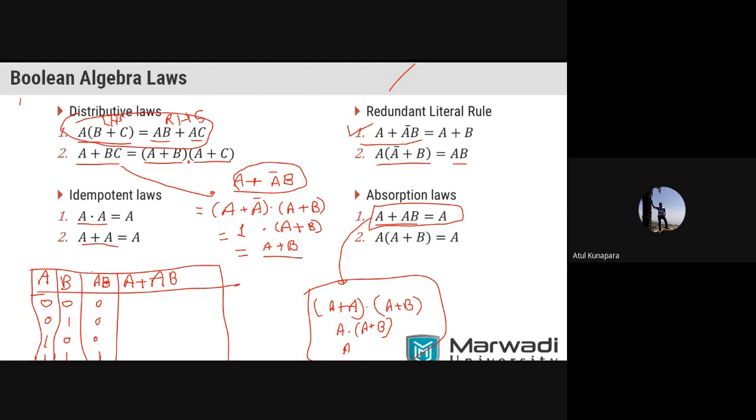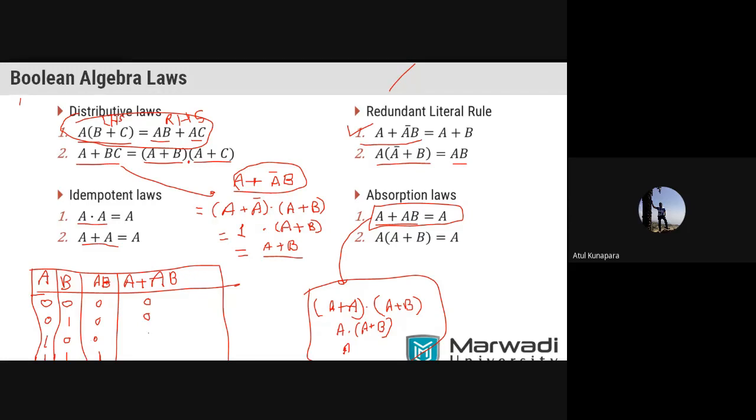Now if you do the OR operation of your AB with input A, then you can say your OR operation will give here A with AB. So AB is here and A is here, that is 0 0 1 1. So for this rule, first 0 0, it will give you 0, 0 0, it will give you 0.